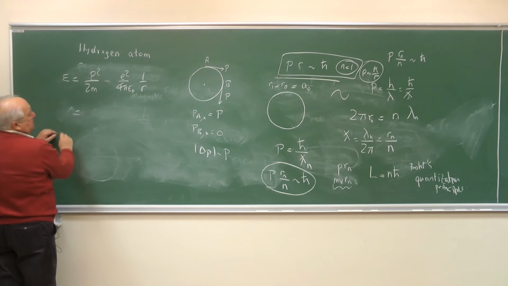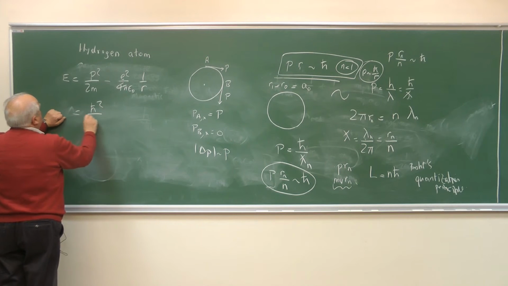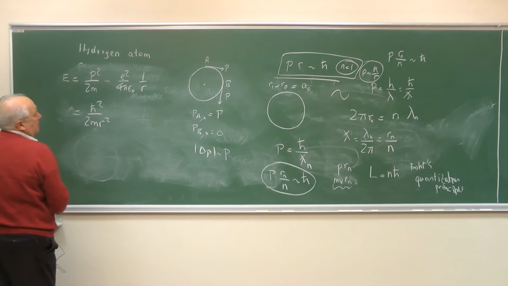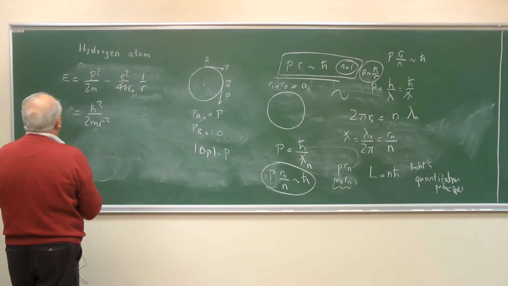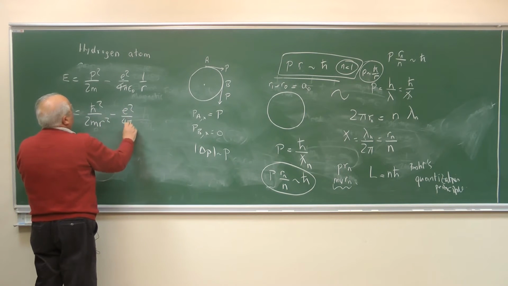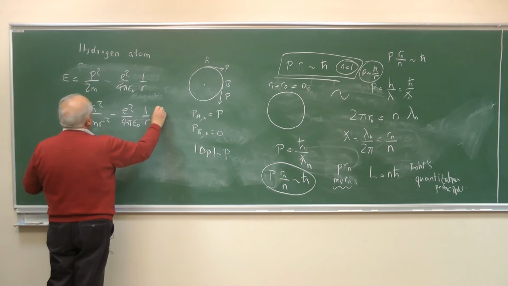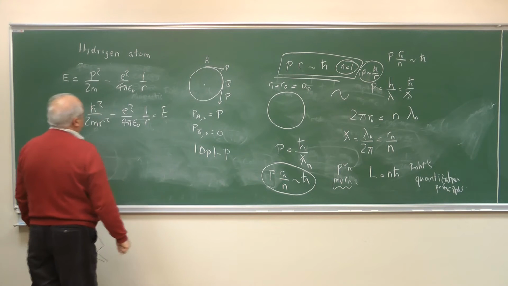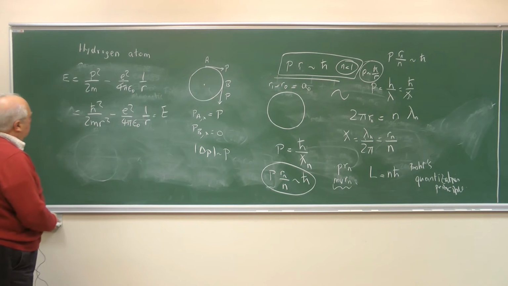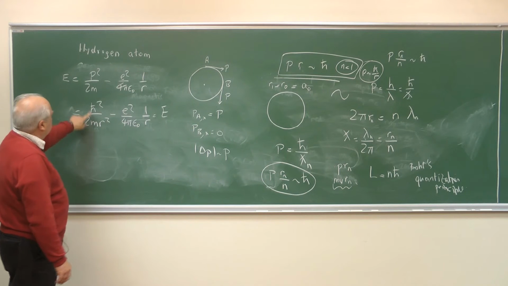So we write h bar squared over 2m r squared minus e squared over 4 pi epsilon 0 times 1 over r is equal to E. All right. So E is a function of r because all these things are constants.